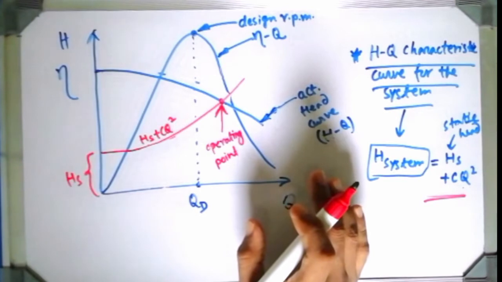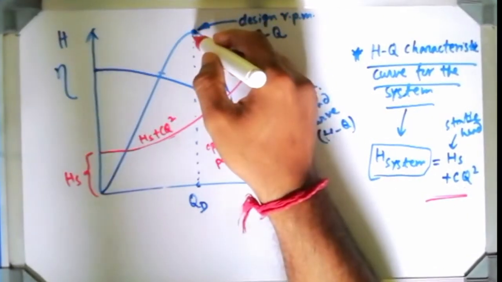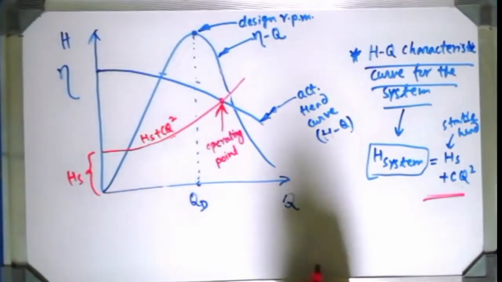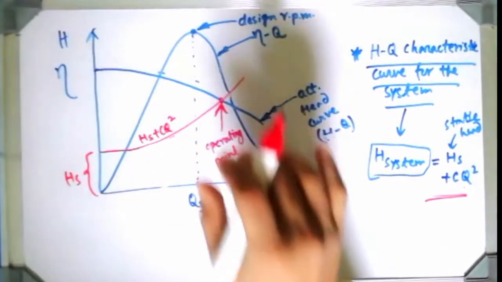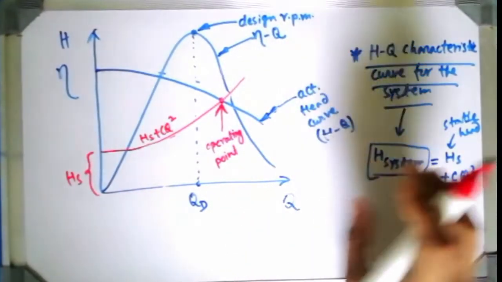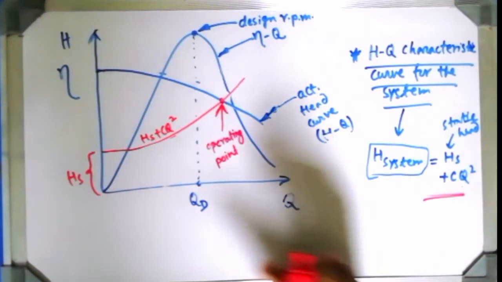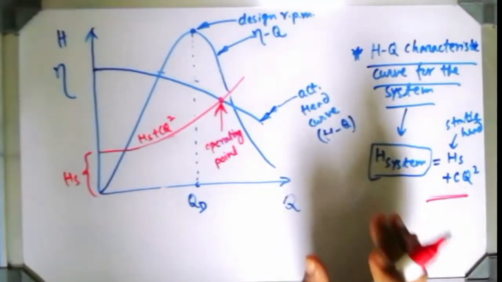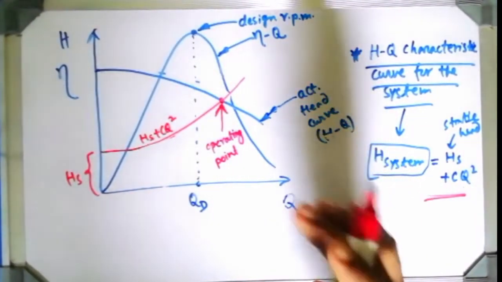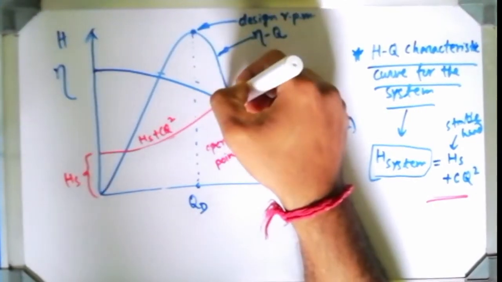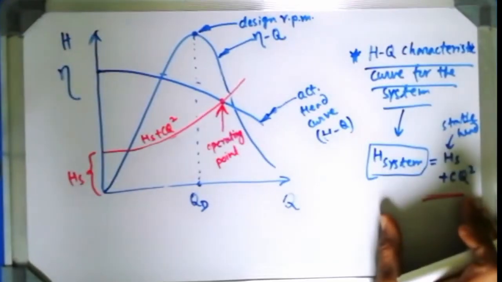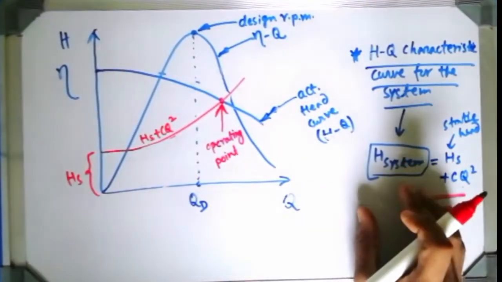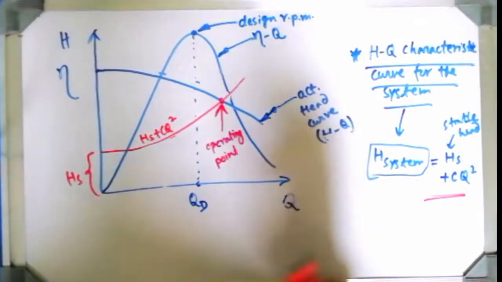But practically it has been observed that this design point and this operating point always shift to some extent, because lots of fittings are introduced while it is being installed, and they are not considered at the time of design. Come back to reality, those things happen. If the design point and the operating point come very close to each other, that means the estimation of all system losses has been done very accurately.